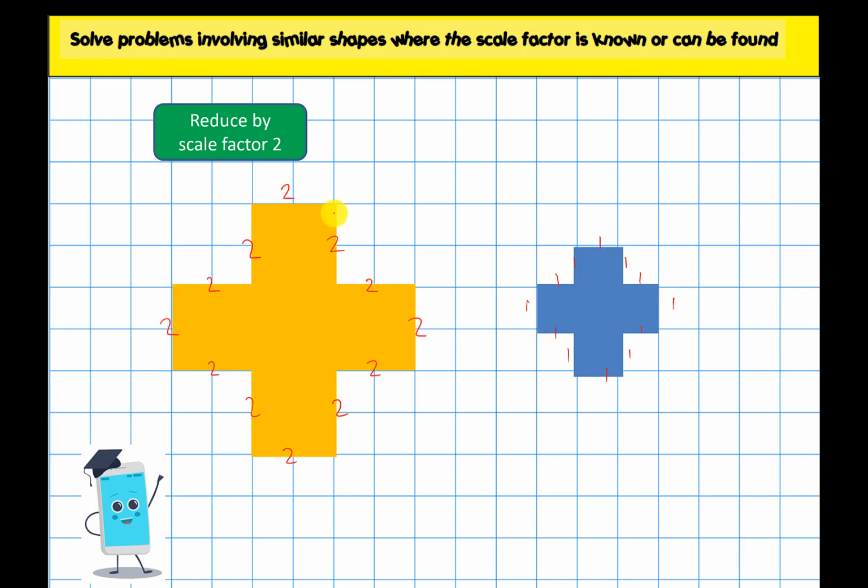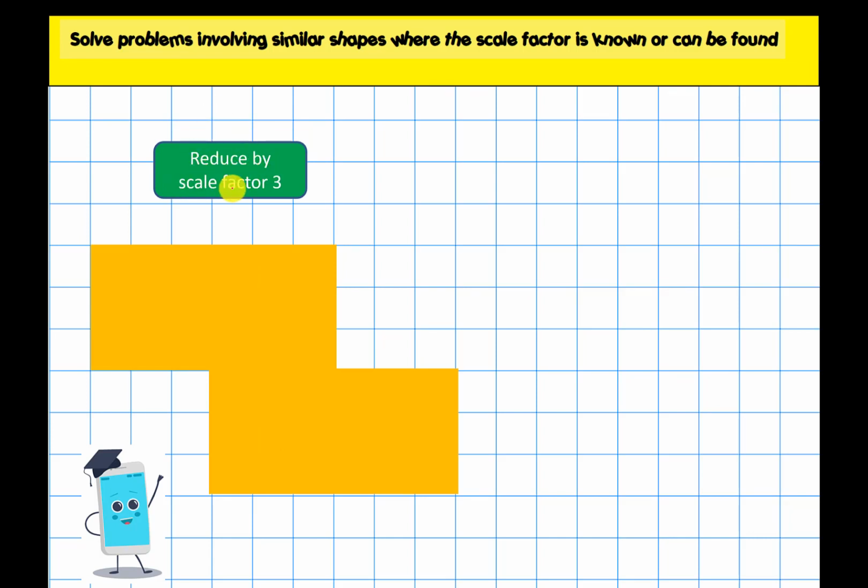We have reduced our shape by scale factor 2. We have divided it by 2. If we went to this shape, this would be enlarging it by scale factor 2 because it's doubled it. But from this shape, to undo the enlarging, we reduce by scale factor 2. So when you reduce, you divide by the scale factor. And when you enlarge, you multiply by the scale factor.